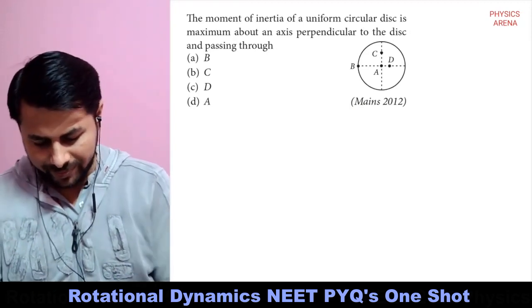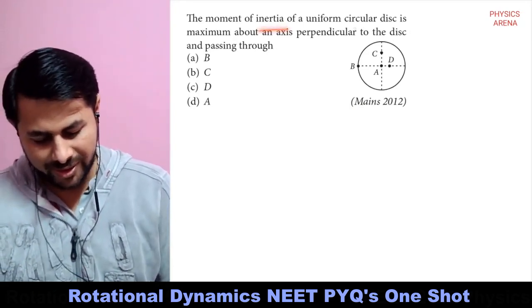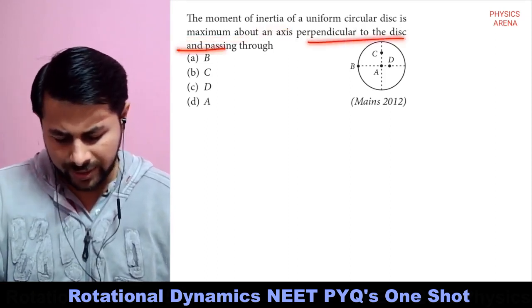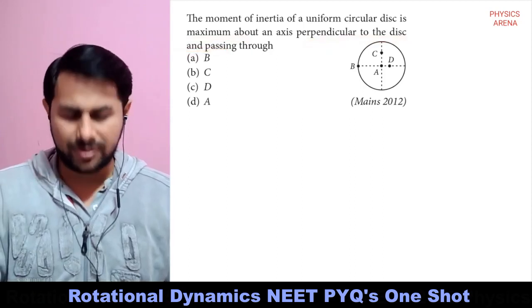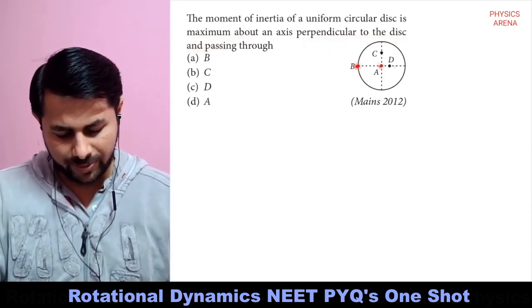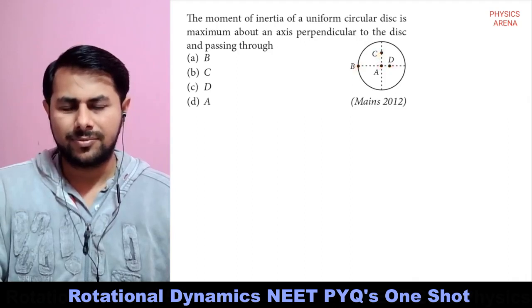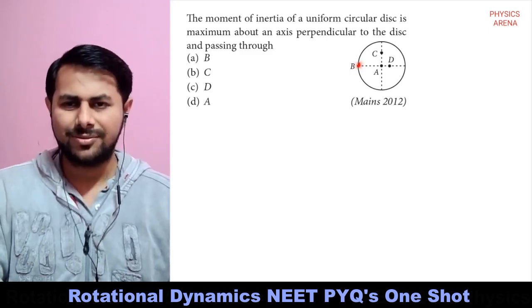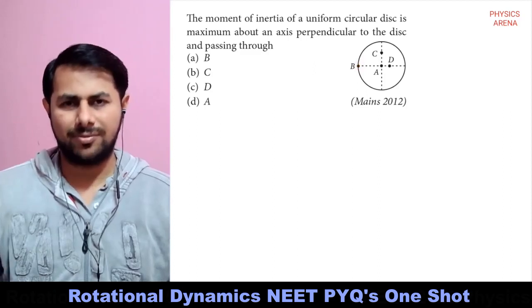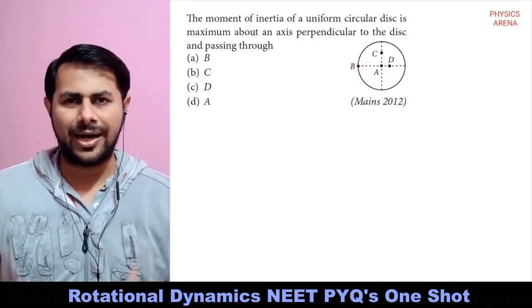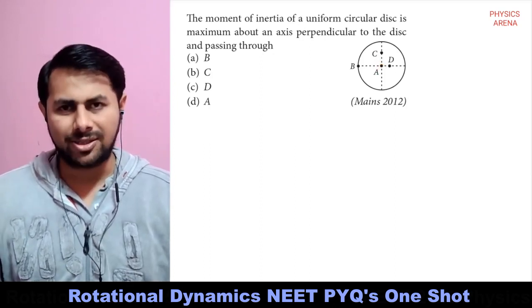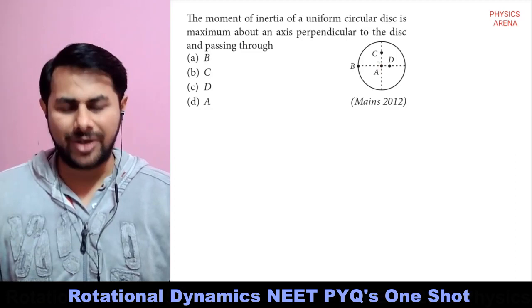So let's see one more problem. The moment of inertia of a uniform disk is maximum about an axis perpendicular to the disk and passing through which point? Is it this point, this point, this point, this point? It will be this point, because IO is equal to IC, that is the moment of inertia about an axis passing through the center, plus mh square.